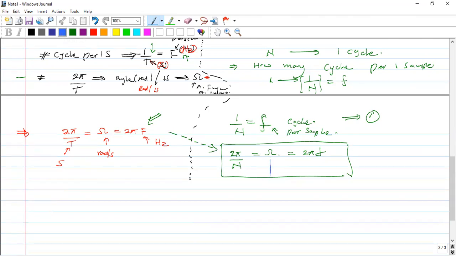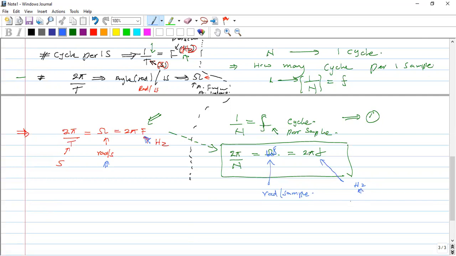So what is the unit of this? It is radians per sample. Here it is radians per second, but here it is radians per sample. Sorry, this is omega, radians per sample, and the other is per second, hertz. Here it is cycles per sample, which we normally put in hertz, because a sample can also be converted to time.